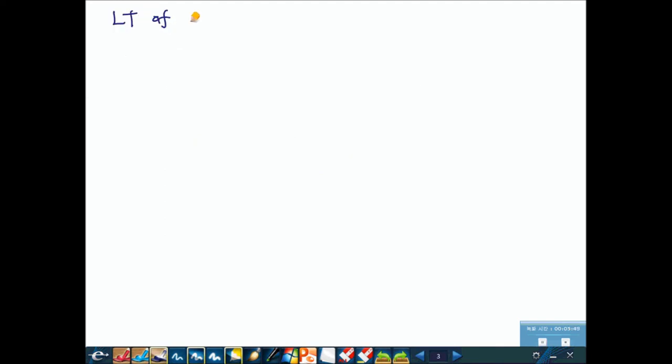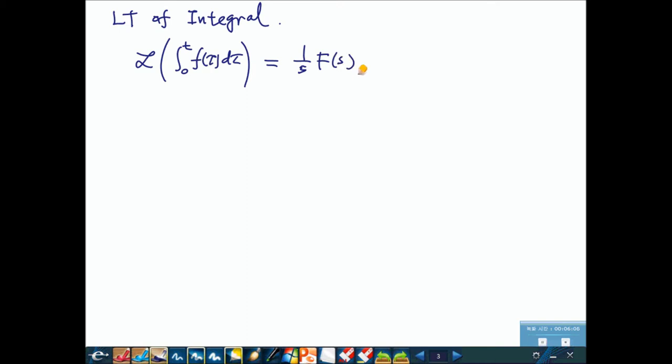Laplace transform of integrals. The Laplace transform of the integral from 0 to t of f of tau d tau is 1 over s times F of s. So the integral is rather simple. You don't have to worry about initial conditions.